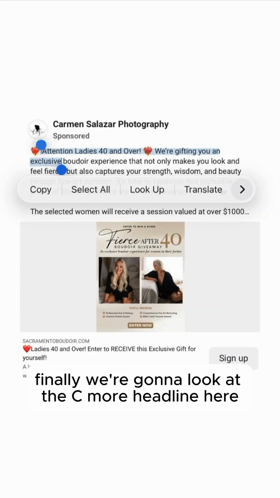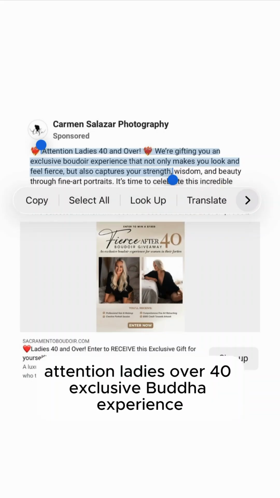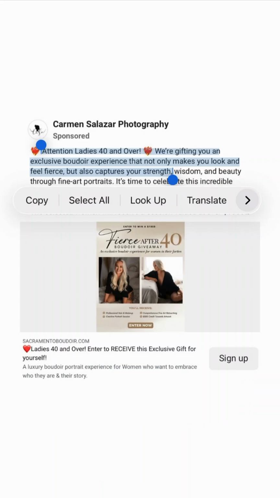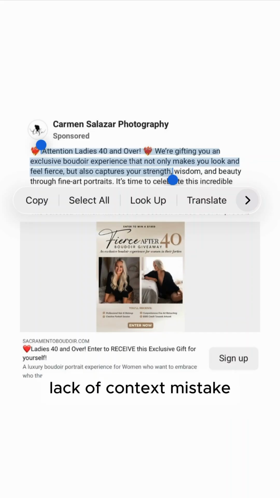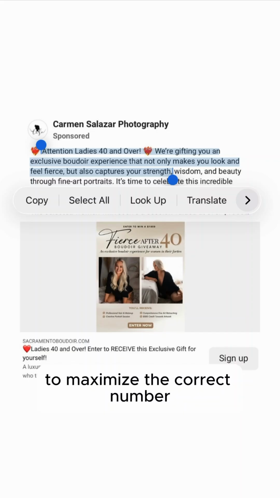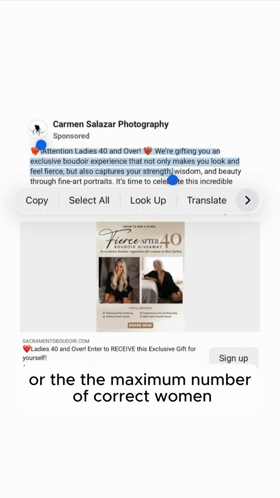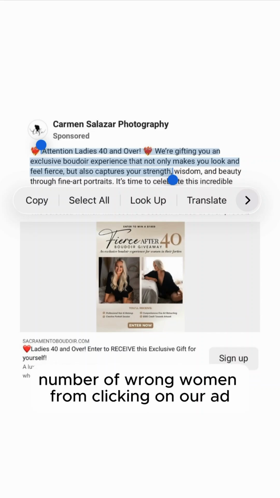Finally, we're going to look at the see more headline here, first 2 3/4 lines, Facebook mobile newsfeed. Attention ladies over 40, exclusive boudoir experience. Okay. All right, so yeah, we got some context here, but again, lack of context mistake. We're not having the optimal amount of context to maximize the number of correct women while turning away the maximum number of wrong women from clicking on our ad.